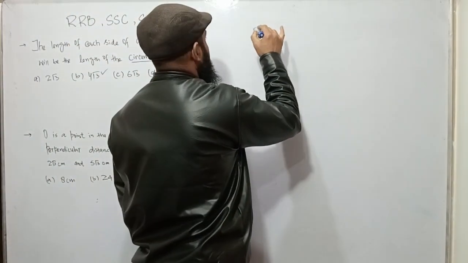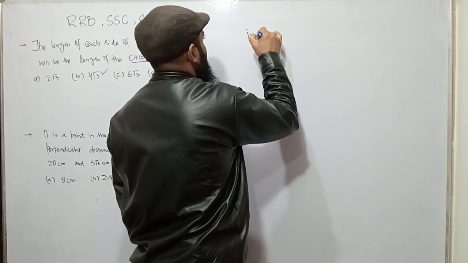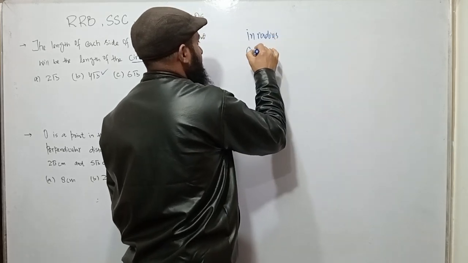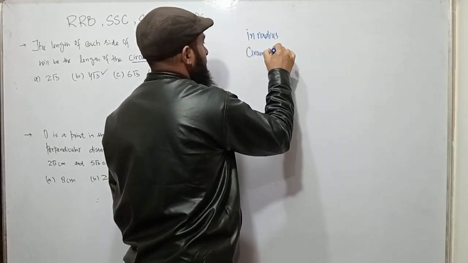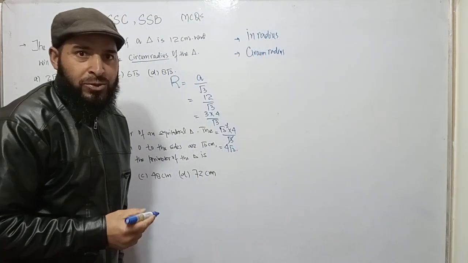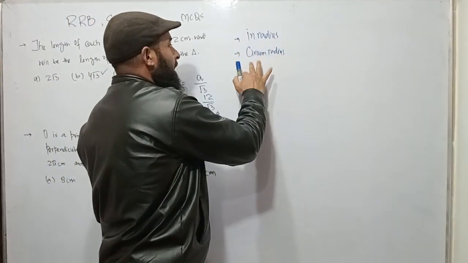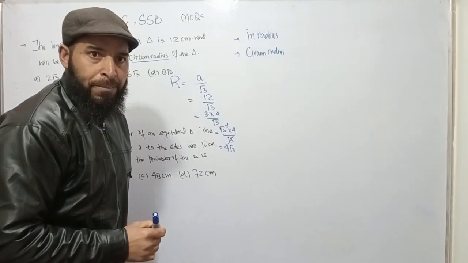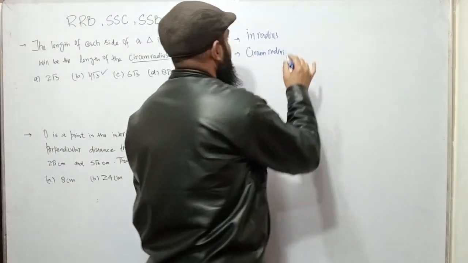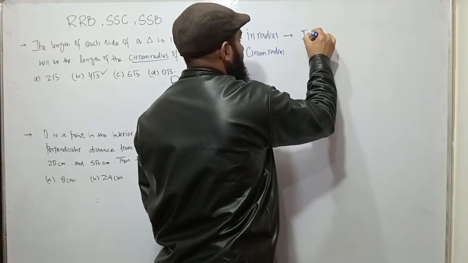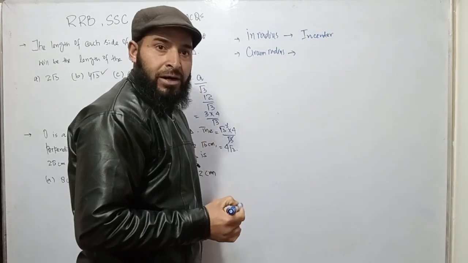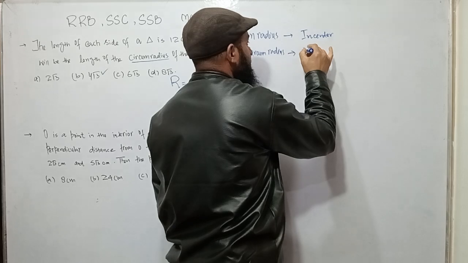One is the inradius and second is the circumradius. दो टाइप्स ऑफ रेडियस हमारे पास होते हैं। The first one is the inradius, दूसरा है सर्कम रेडियस। इन रेडियस के लिए आपको पता होना चाहिए what is incenter. सर्कम रेडियस अंडरस्टैंड करने के लिए we must know what is circumcenter.